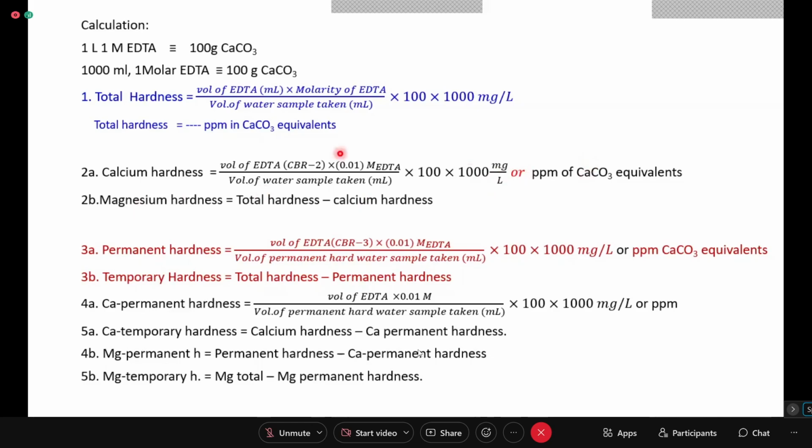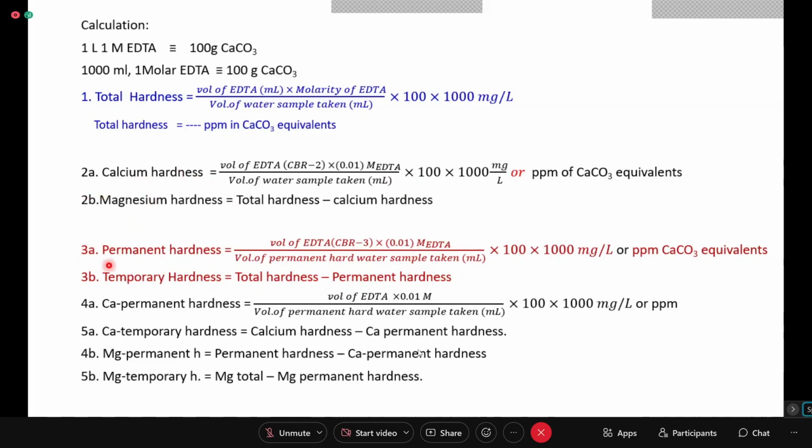Okay. Now we want to calculate the magnesium hardness. So magnesium hardness is obtained from total hardness minus the calcium hardness. This total hardness minus this, what you will get here is the calcium hardness. So this value minus this value you will get magnesium hardness.